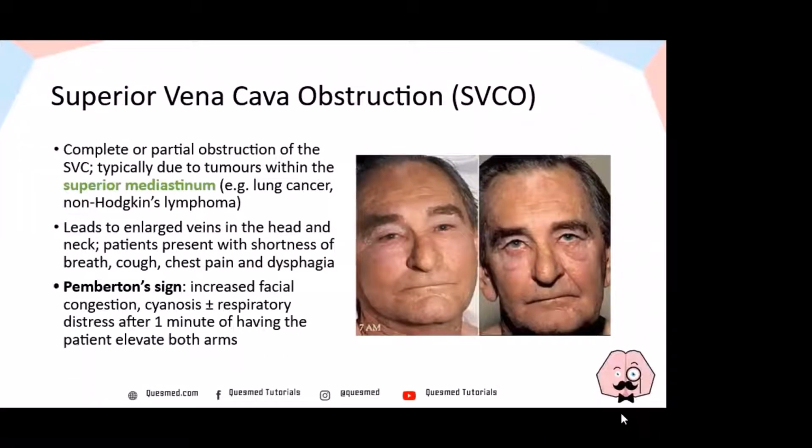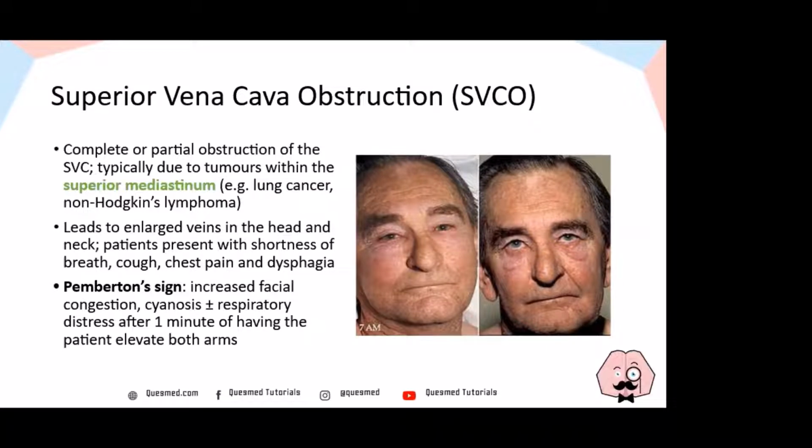Why is this important? There is a condition called superior vena cava obstruction, which occurs when you get either complete or near complete occlusion of your SVC. Most commonly, this is because you've got something from the outside which is pushing it shut.